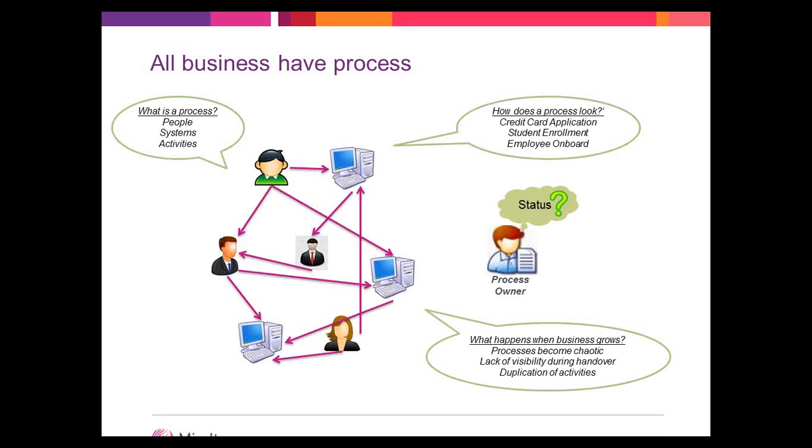From now, we should be already aware that all businesses have processes. If you take a fictional example, let's say in a bank of Neverland, let's talk about a loan processing process. A customer walks into your bank, fills out a form for a loan application, requesting a loan. He hands it over to the loan agent.